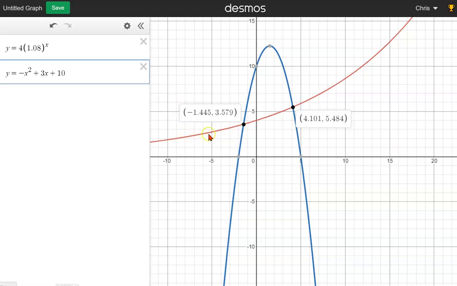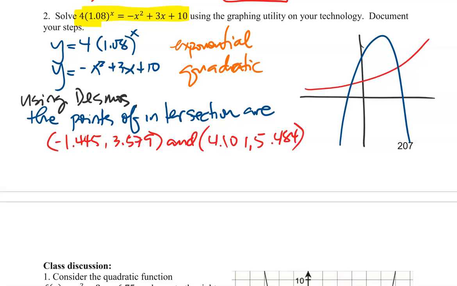So we have here negative 1.445 and 3.579, the other point 4.101 and 5.484. We use decimals to get the points of intersection, and this is a rough sketch of those two functions. So that is our answer.